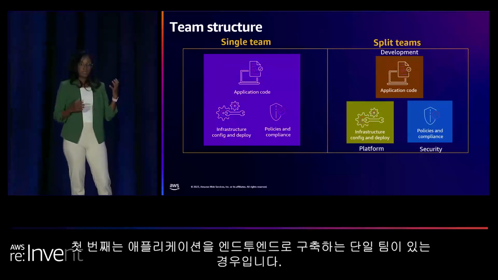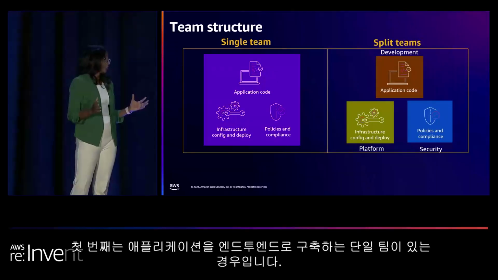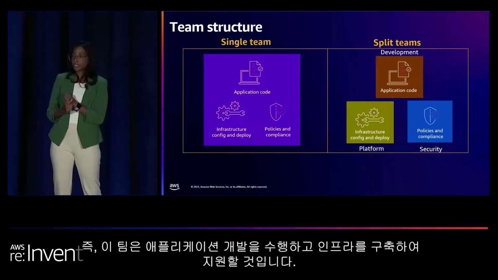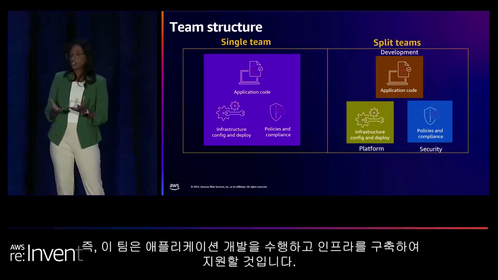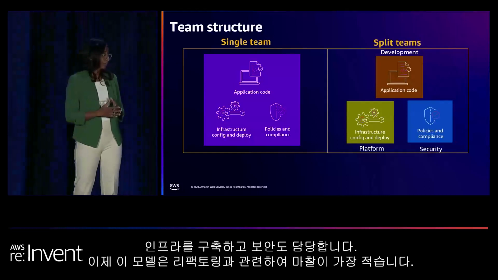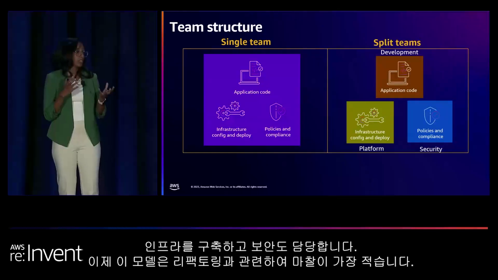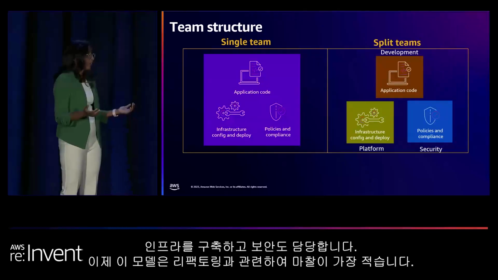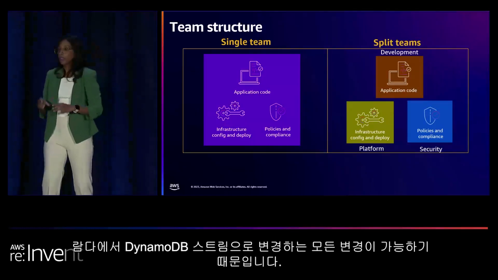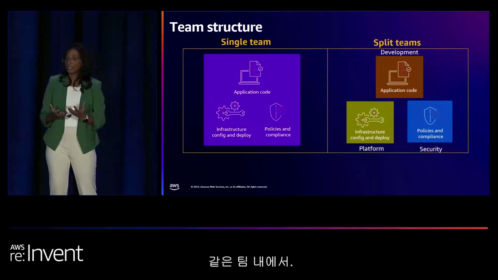The first one is where you have a single team that builds the application end to end. So this is the team that will do the application development, build the infrastructure to support that application, and also do security. Now, this model has the lowest friction when it comes to refactoring, because all the changes that we talked about, changing from Lambda to DynamoDB streams, all can be done within that same team.